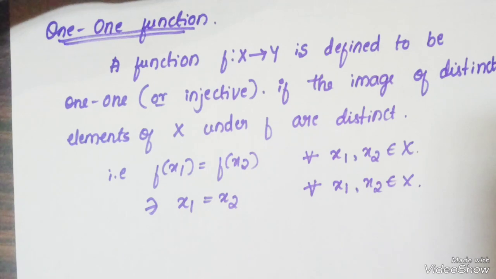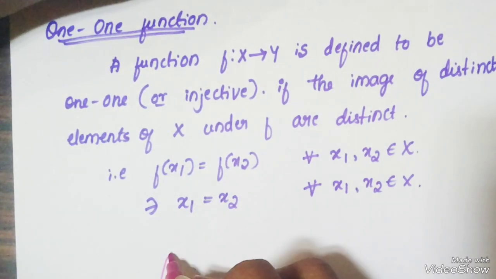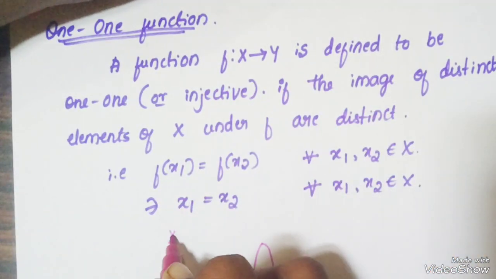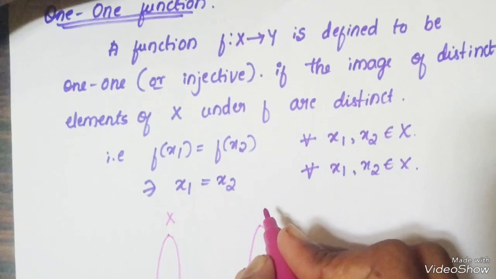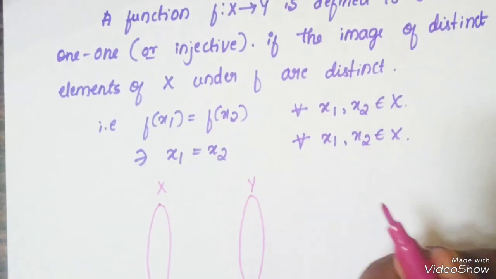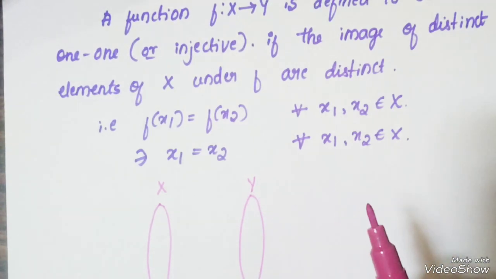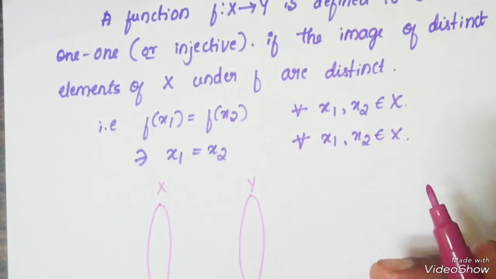Here, consider a set X, because we have taken X and Y. Our domain should be X and Y is the codomain.